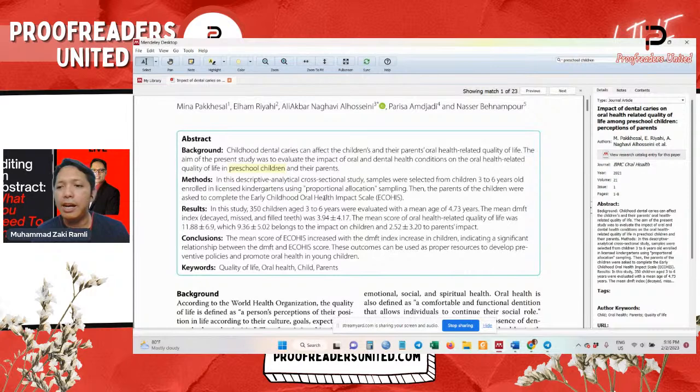Make sure that you have good communication with your proofreader. Some services like Proofreaders United do not specifically allow proofreader and client to have direct communication, but we can always negotiate to arrange direct communication, with the presence of a representative from Proofreaders United.